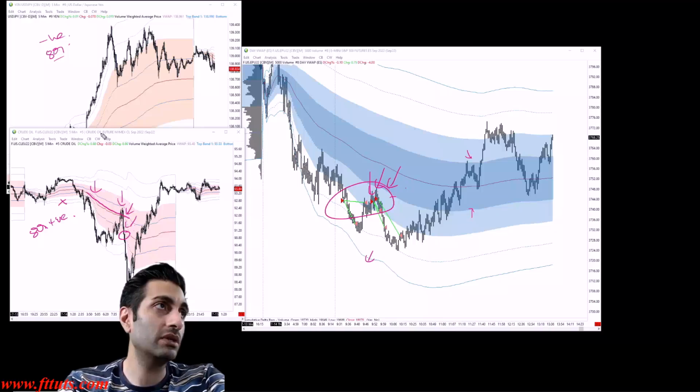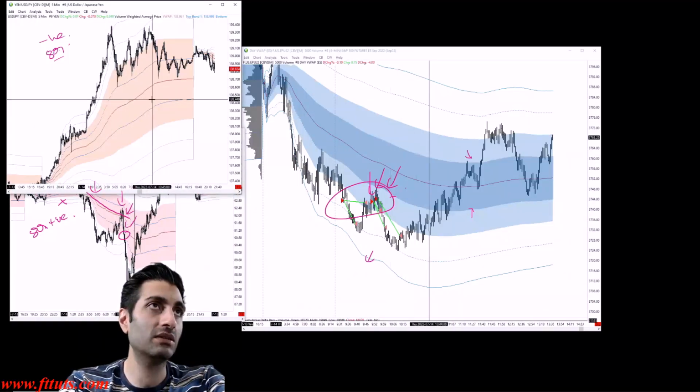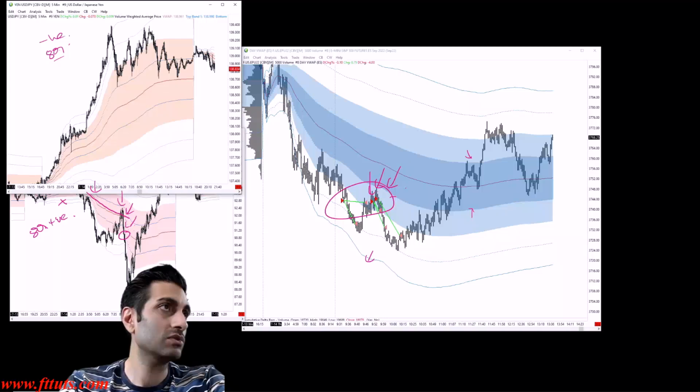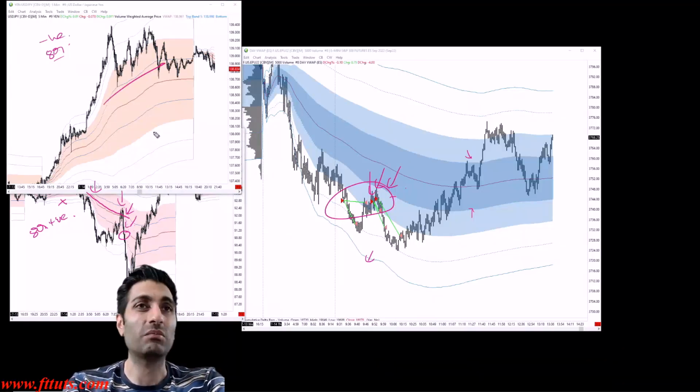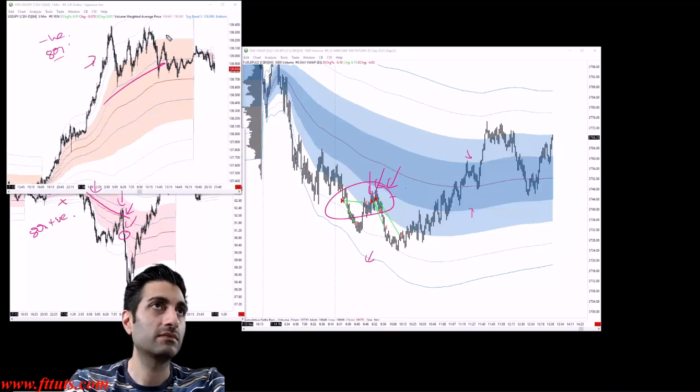Now what we'll do is we'll have a look at dollar yen at the same moment in time. Okay, so pretty much the same thing, isn't it? Imbalance up. Market has so much upward, you can see it all day.